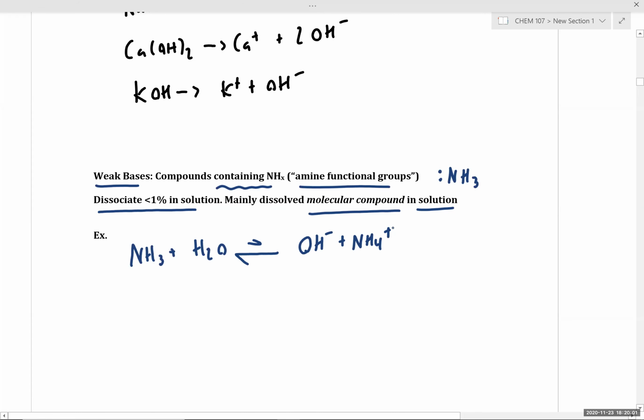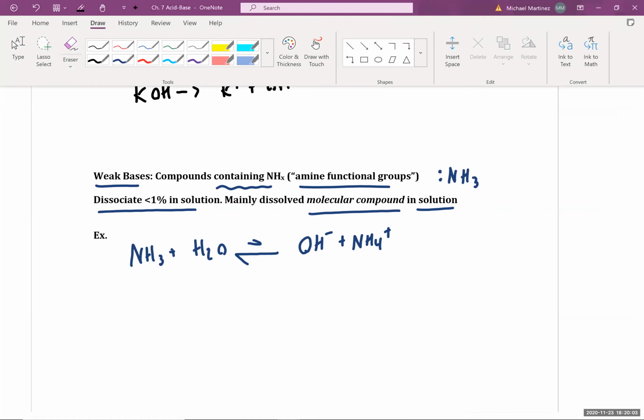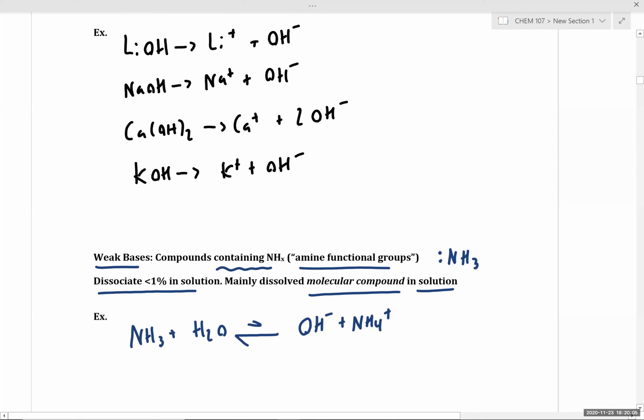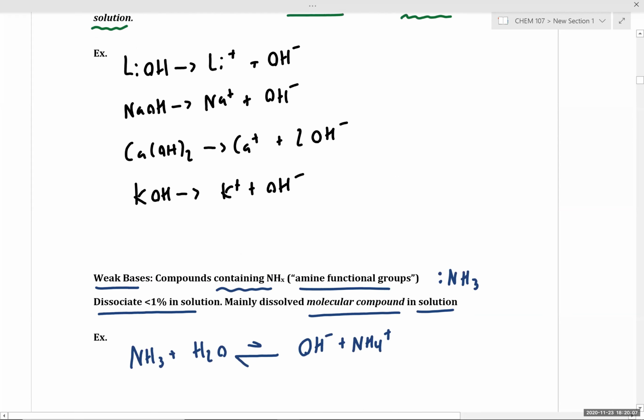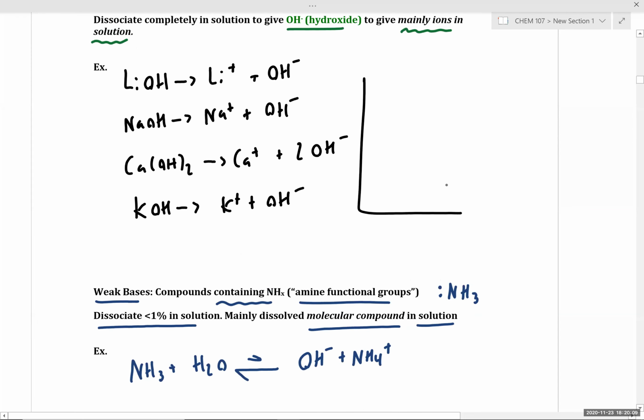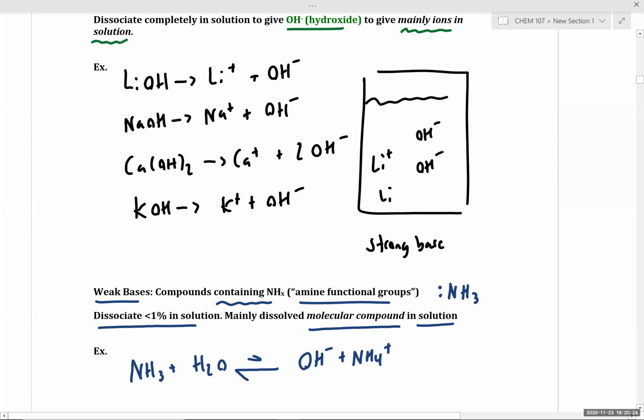The majority remains as ammonia molecules. So let's do a pictorial comparison. If we look at a strong base from a zoomed in perspective, we'd see a lot of ions and a lot of hydroxide present in solution.